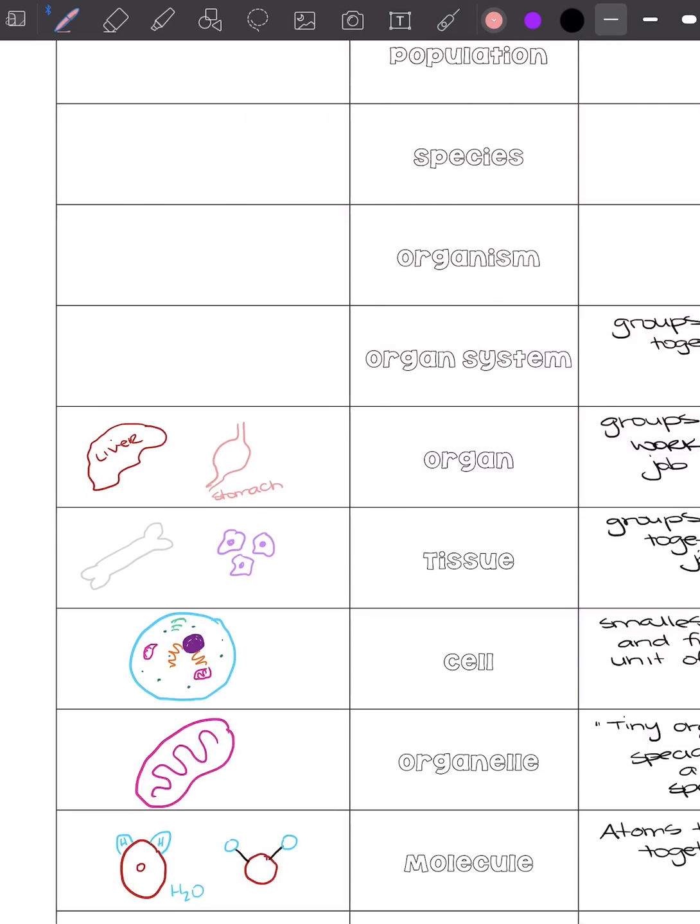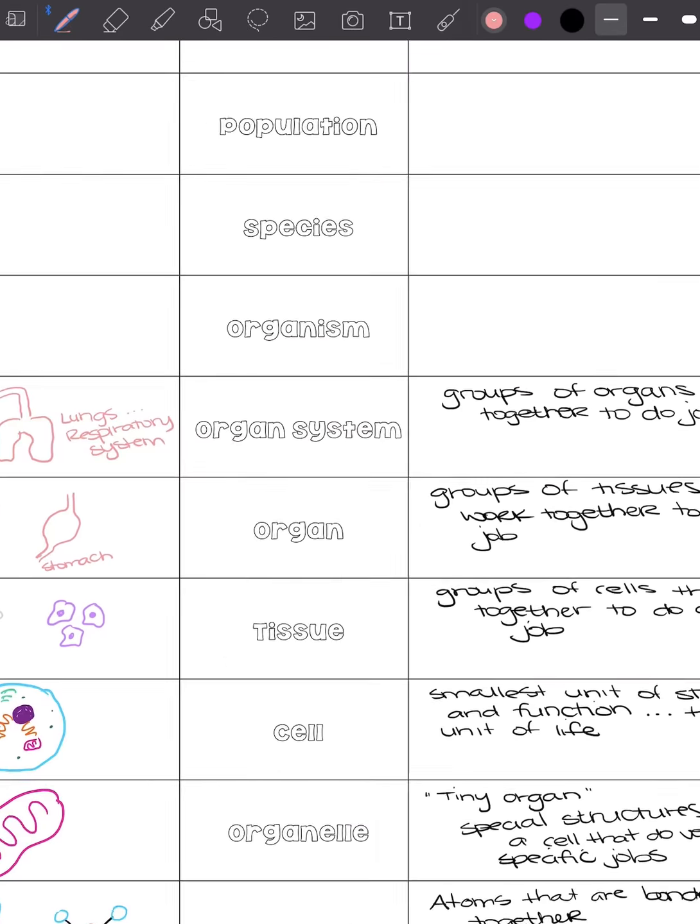Can I get away with lungs? Which would be the respiratory system, organ system. The best I can do there, I guess.